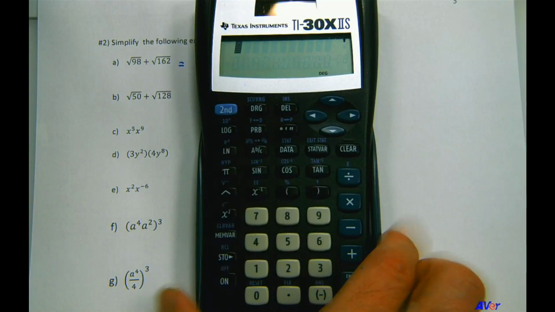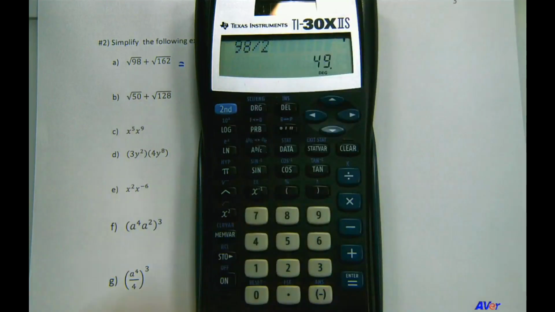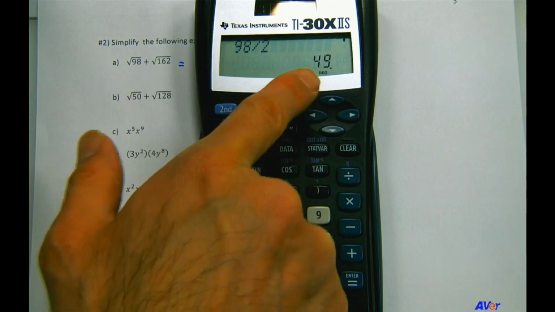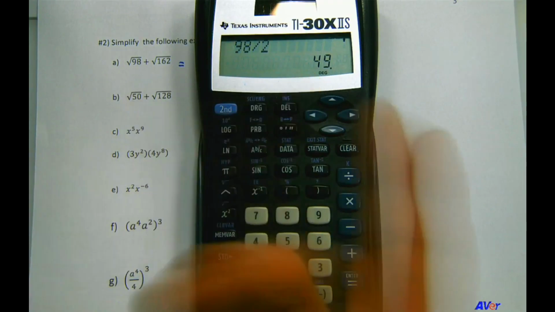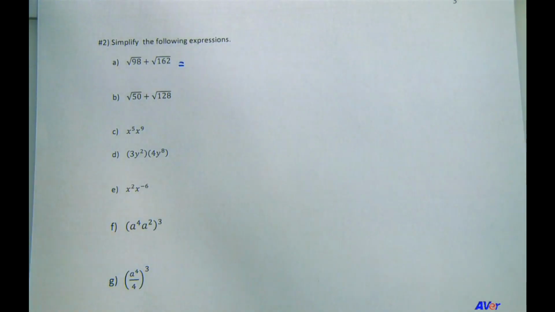So 98 divided by 2, oh, wow, look at that. So 98 divided by 2 gives us 49, and 7 squared is 49, right? So that's great. So let's do that.